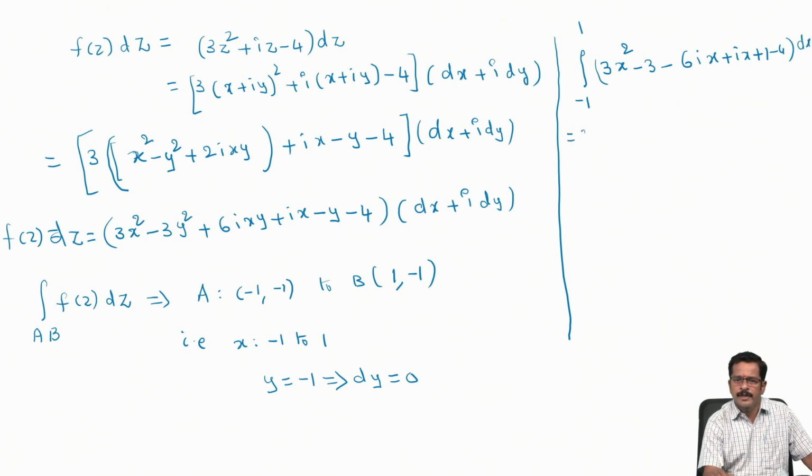So which is equals to integration minus 1 to 1. Now simplify: 3x square minus 6ix plus ix is minus 5ix, minus 3 minus 4 is minus 7, plus 1 is minus 6, into dx.